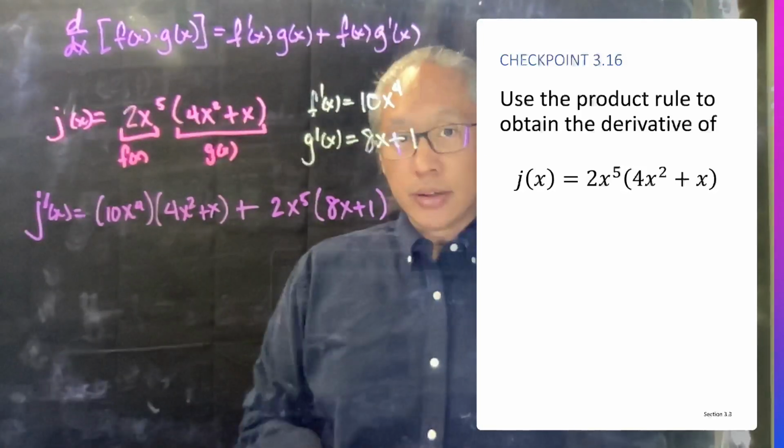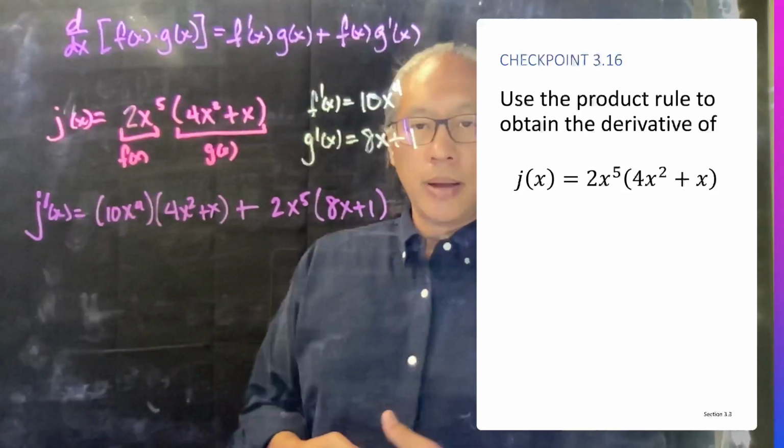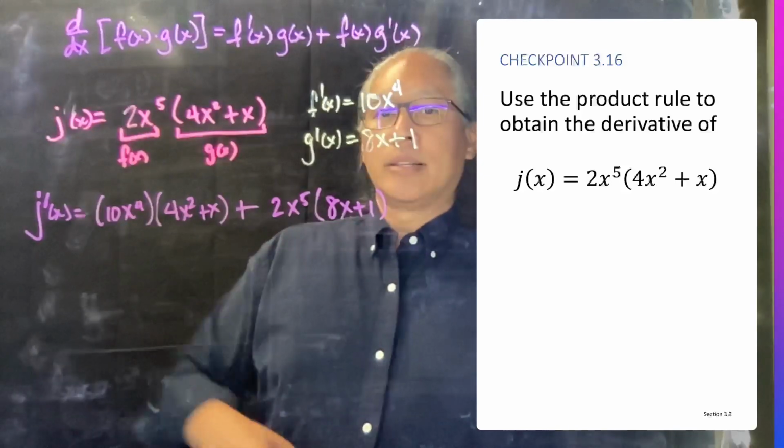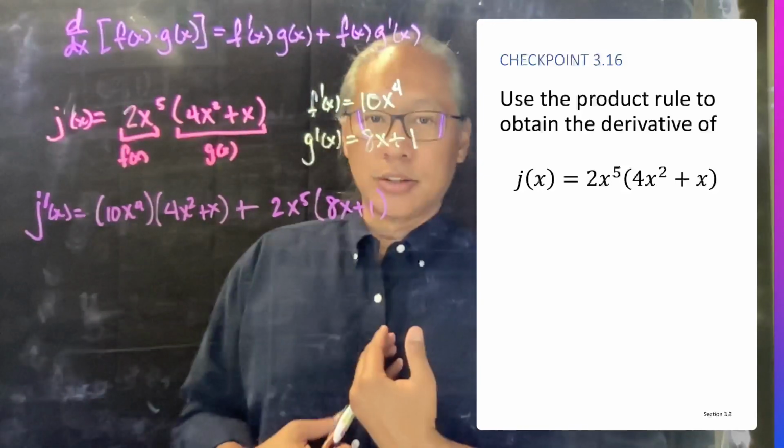Okay, in general, you can leave it like this. If I was grading a bunch of papers and I'm asking you to use the product rule, I would leave it like this because it would be easier for me to grade.